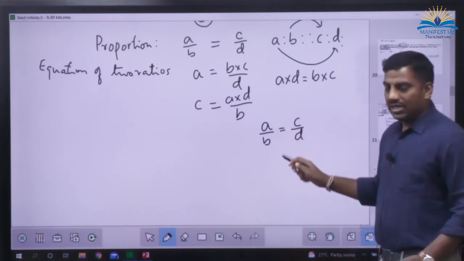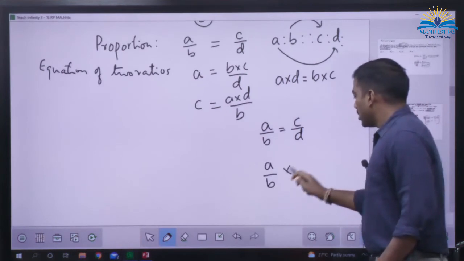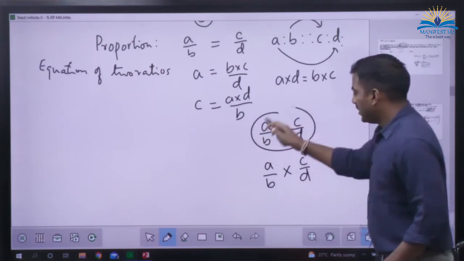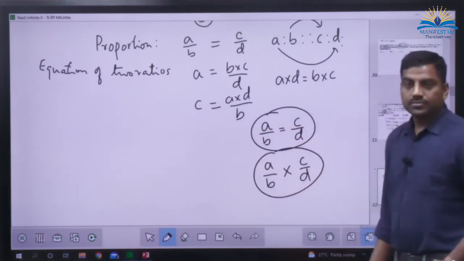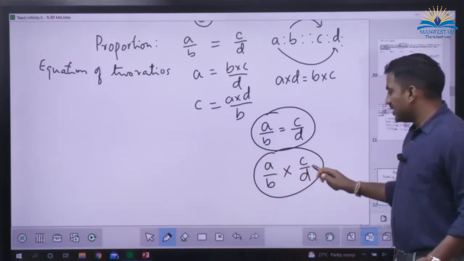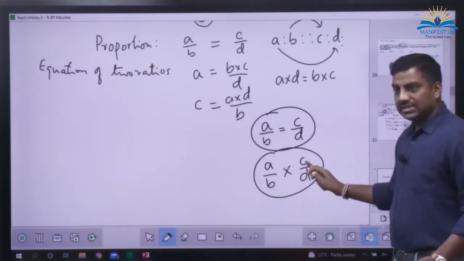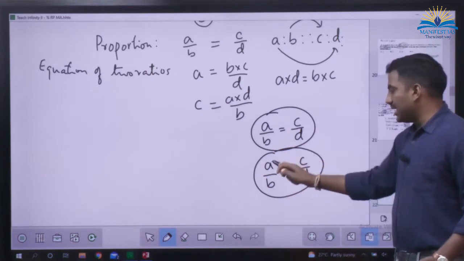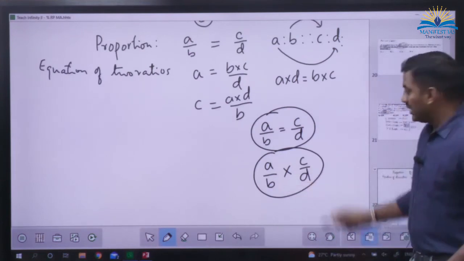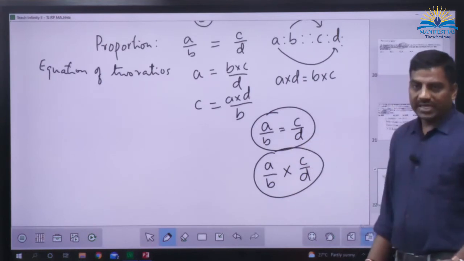You will get confused with this. Here, you can cancel this and this, this and this. But you can only multiply these two. But in this case, this and this can be cancelled.